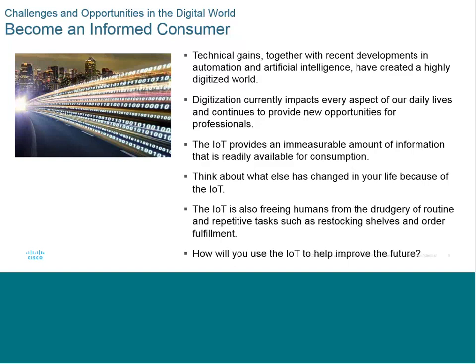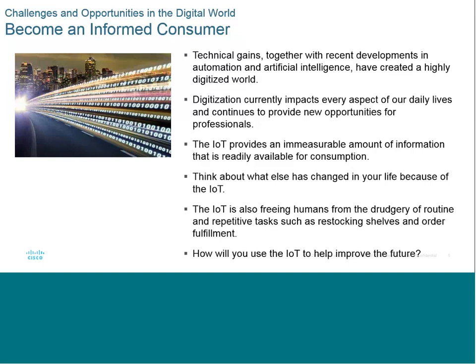because of IoT. The IoT is also freeing humans from the routine work and repetitive tasks such as replacing shelves or order fulfillment. We may now have more time for higher intellectual pursuits and the chance to explore all the IoT has to offer.